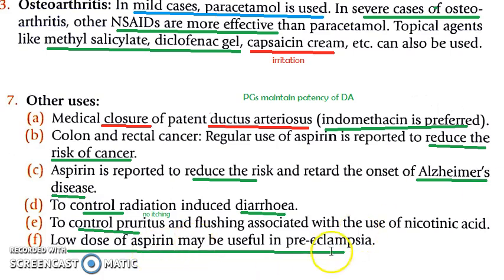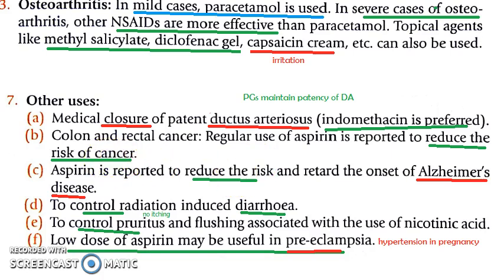Low dose aspirin can be used in preeclampsia. What is preeclampsia? Hypertension in pregnancy, correct? That is preeclampsia. So you can use it to treat preeclampsia. Fine. So Alzheimer's disease, you can actually reduce the risk.